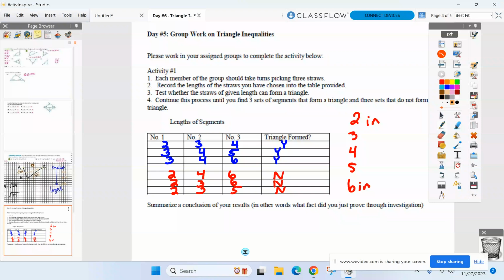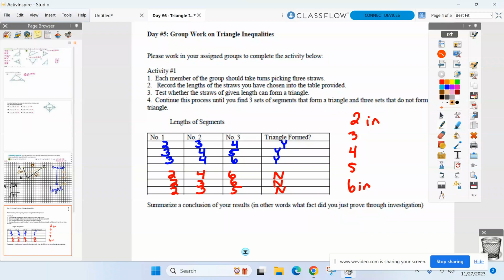One of them has to be greater. So one of the sides must be... No, you're right. Okay, let's talk here.